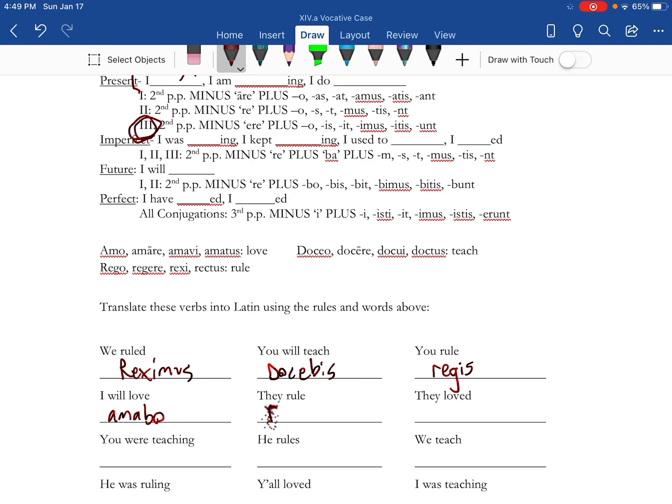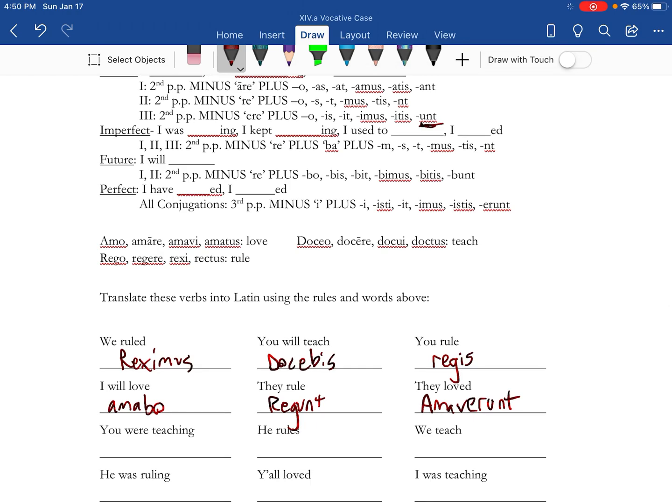Second principal part minus the ere, took that off. And then the they is going to be all the way over here with the unt. They loved is perfect. All conjugations for perfect tense is third principal part minus the i, and so we're left with amav. And then the they is erunt.